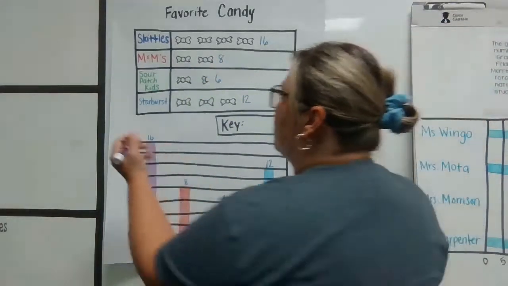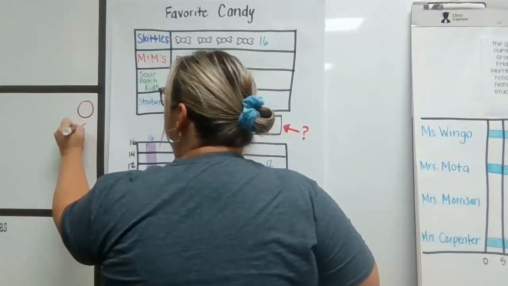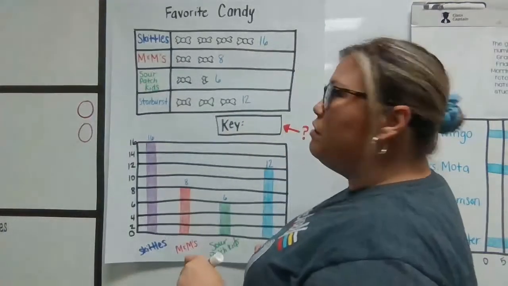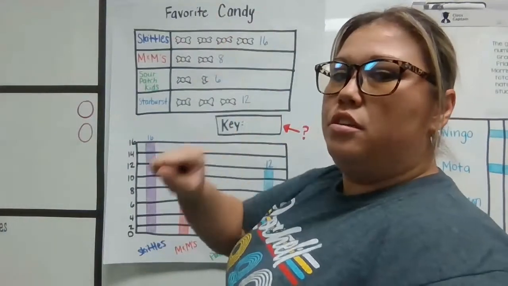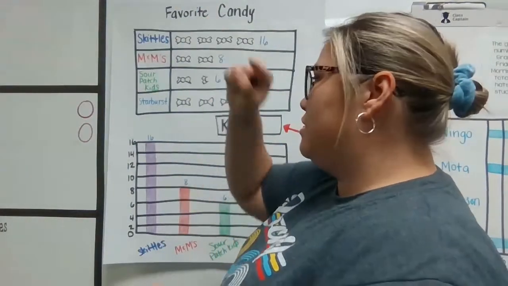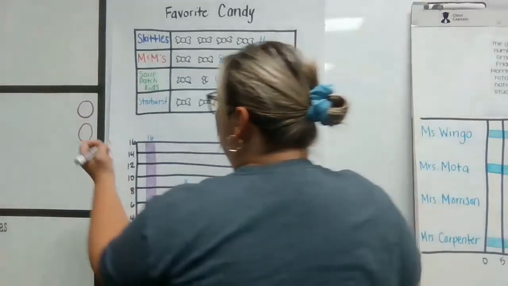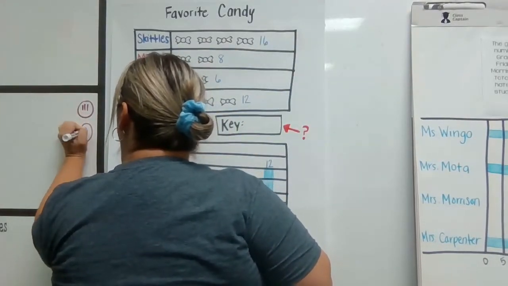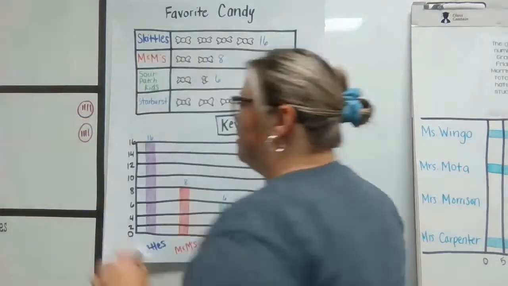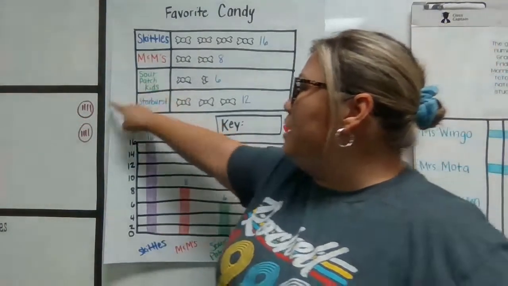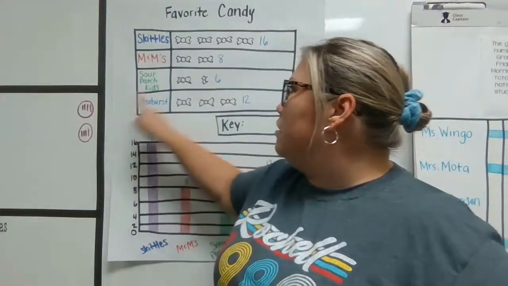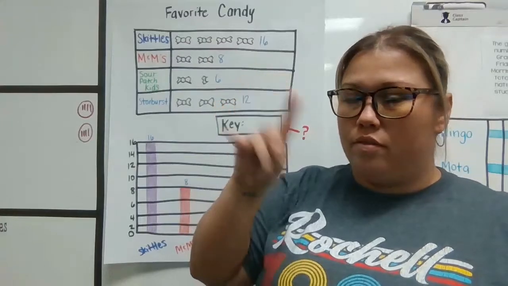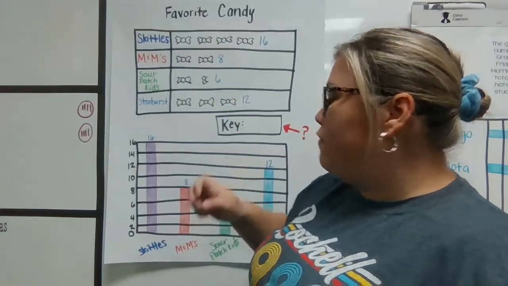So over here, I might have picture 1 and picture 2. And all I'm going to do is tally 1, 2, 3, 4, 5, 6, 7, 8 to see how much each picture would be. So that means each of my pictures is worth 4.